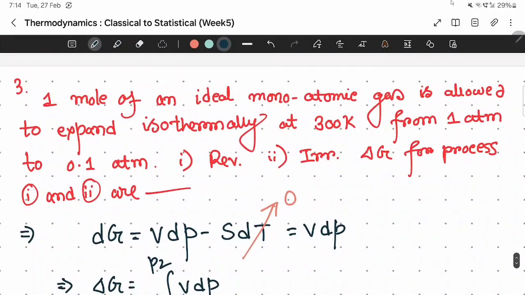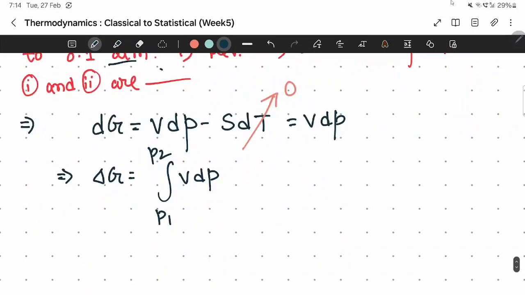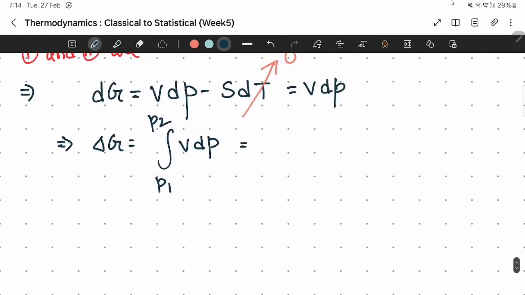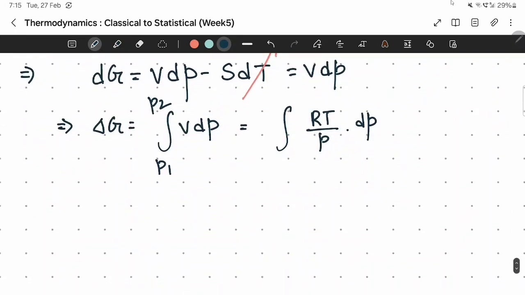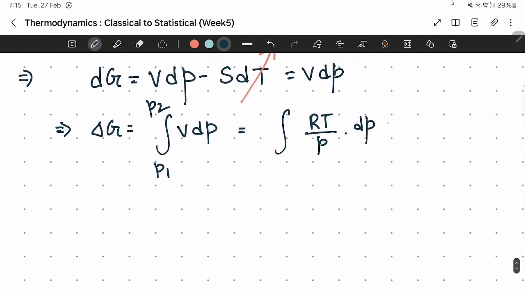Okay. P1 to P2 we know. And V, if it is a reversible process, is basically RT by P dP. Why RT? Because again it's 1 mole. So it is RT ln P2 by P1.